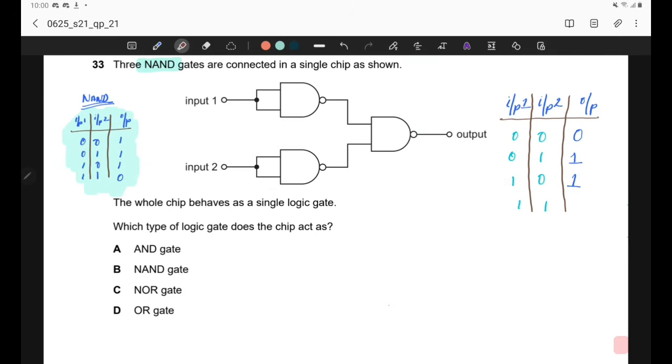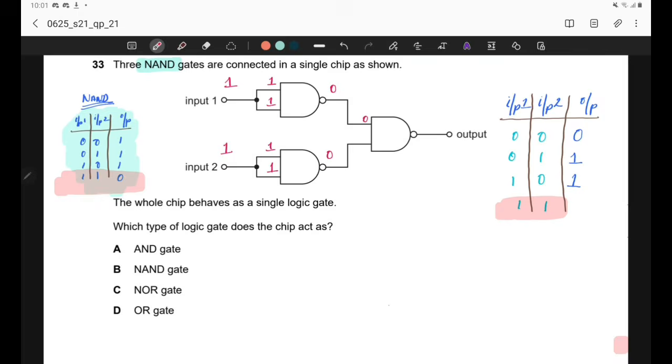Finally, we can look at the last input combination where both inputs are 1 and 1. What will happen? Input 1 is 1 and input 2 is also 1. In this case, at both inputs of both logic gates, the inputs are 1, 1, and the output of a NAND gate will be 0. As a result, we will get 0 as the output for both NAND gate 1 and 2.